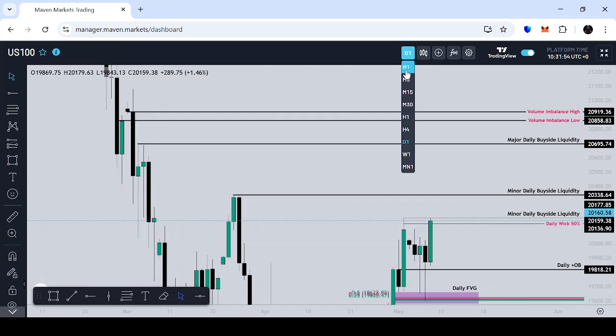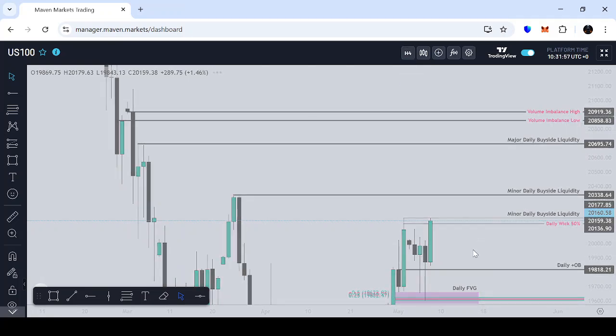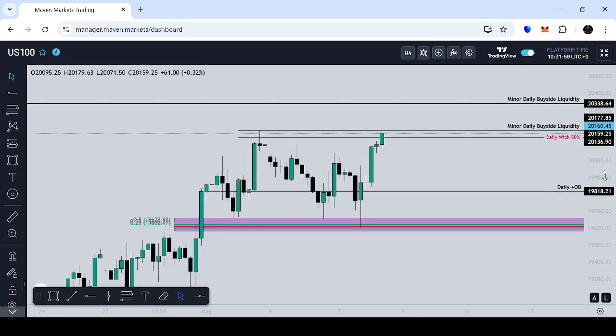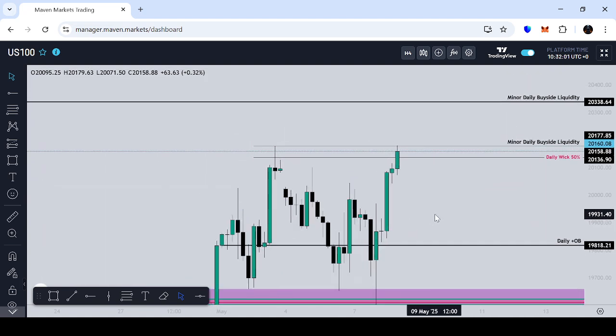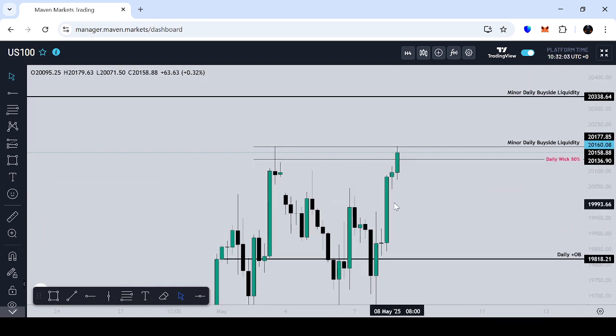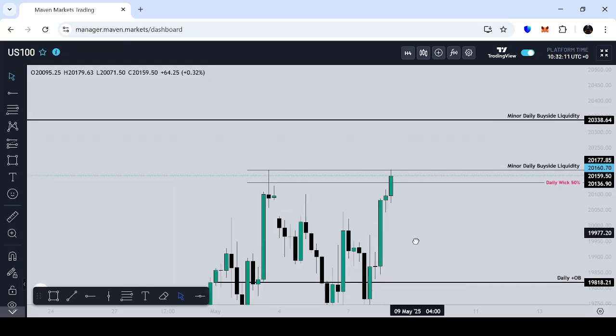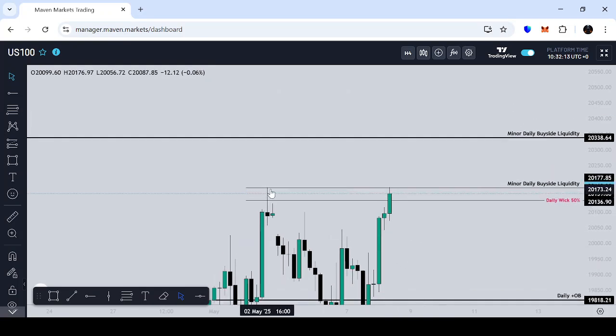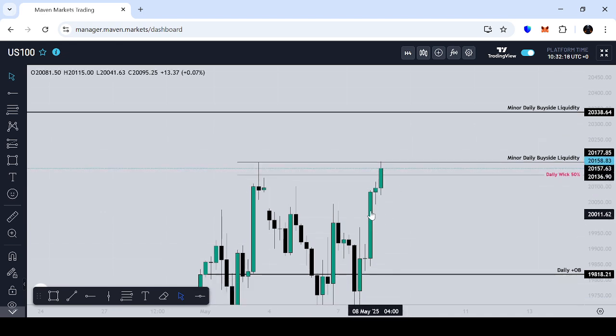From the daily time frame, go over to the 4-hour time frame. Over here in the 4-hour time frame, we could see this inefficiency as a fair value gap. As price has swept the high of the minor daily buy side liquidity, you see price running up to this, taking this low, then a possible price delivery inside this 4-hour fair value gap.